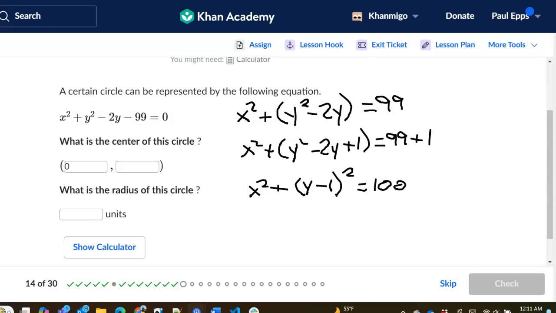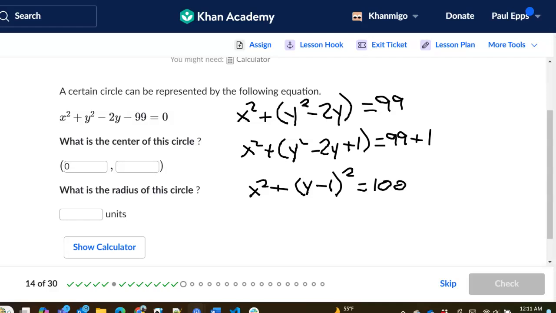Okay, we're back. So, combining the terms here, x squared plus y squared minus 2y equals, and then we'll add 99 to both sides, complete the square for the y terms, and we get y squared minus 2y plus 1 equals 99, and then we have to add the 1 on that side as well.